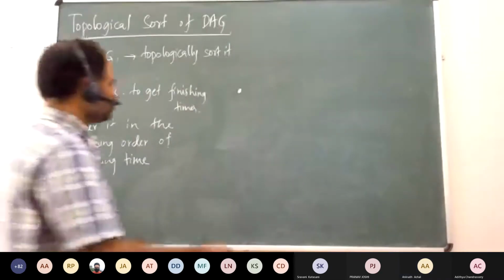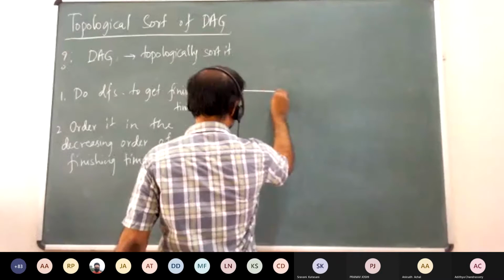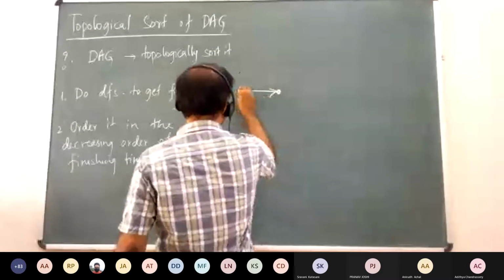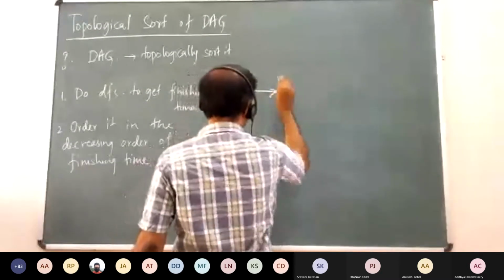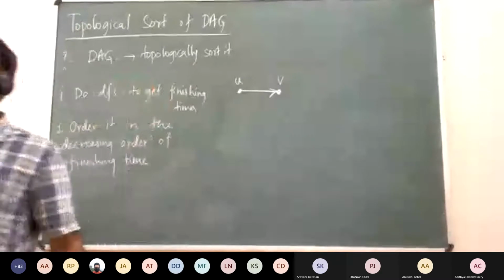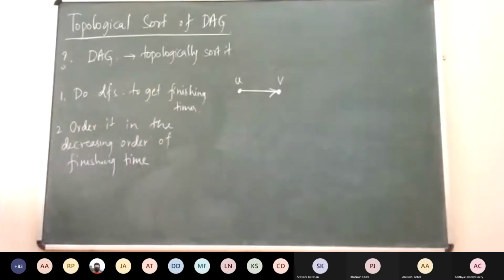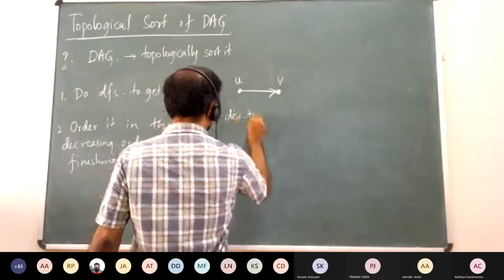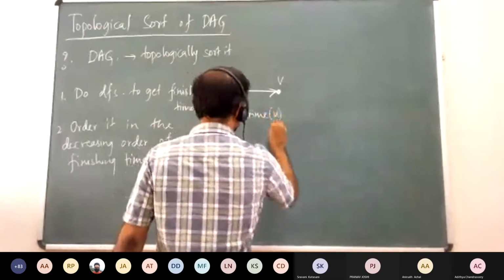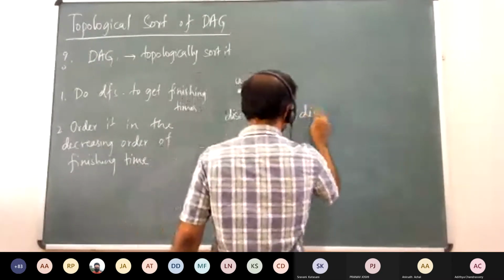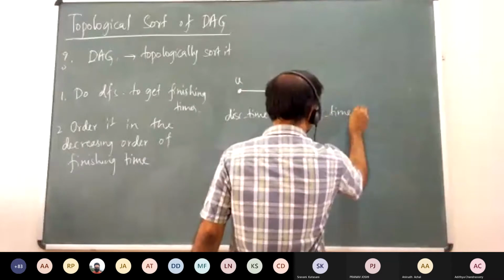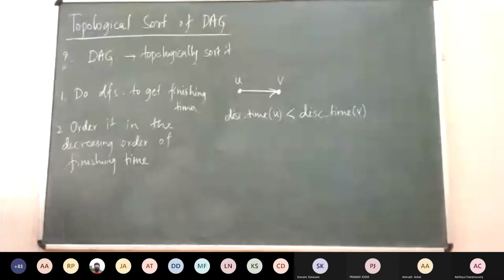So what we saw yesterday was this small thing, right? Suppose an edge UV was there. Suppose the discovery time of U is less than the discovery time of V, that is, U was discovered before V. Then what can we say about the finishing times?